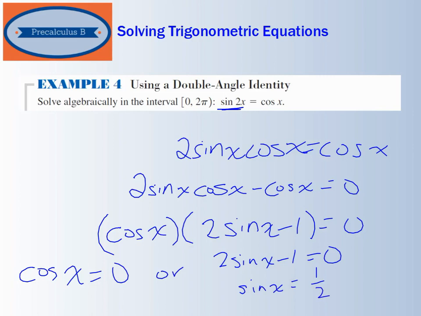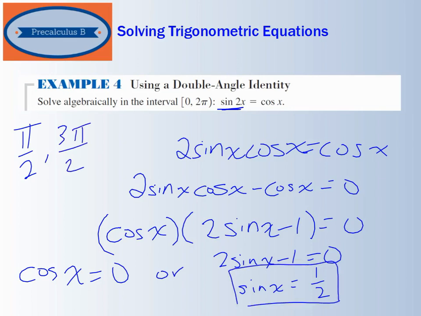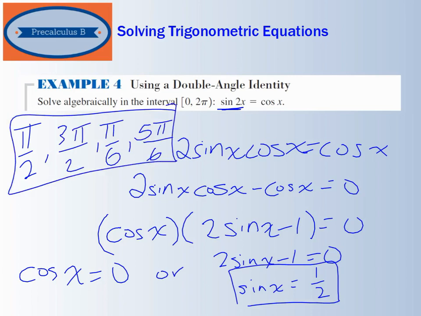Well, cosine x equals 0 is going to occur at pi over 2 and once again at 3 pi over 2. And then when does sine x equal 1/2? That's going to happen at pi over 6 and 5 pi over 6. So that would be my solution set for this particular double angle identity.